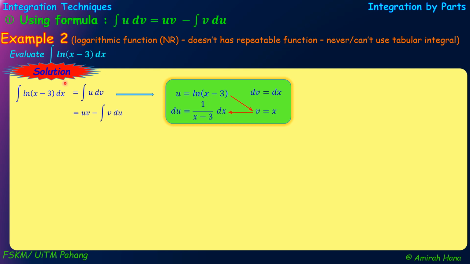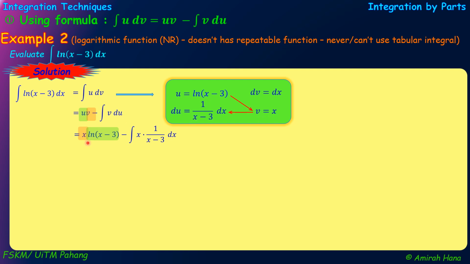Alright, so we go back to this formula. From the integration by parts formula, the integration of u dv equals uv minus the integration of v du. Then we can replace one by one. We replace u equals ln(x minus 3), and we replace v equals x.